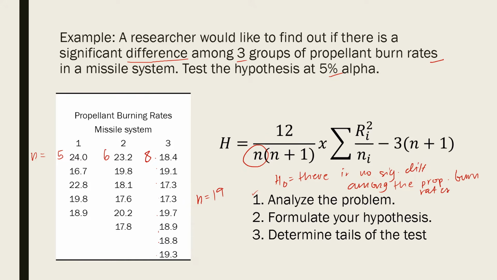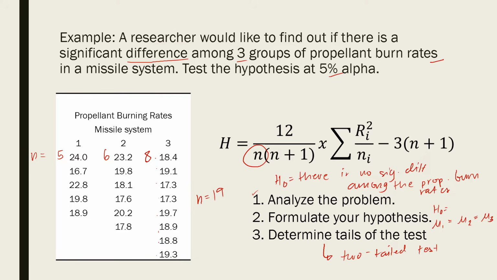And to convert that to mathematical symbols, you simply put mu1 is equal to mu2, which is equal to mu3. Okay, so simple as that. And since we're doing three separate groups, when we determine the tails of the test, this would most likely be a 2-tailed test.